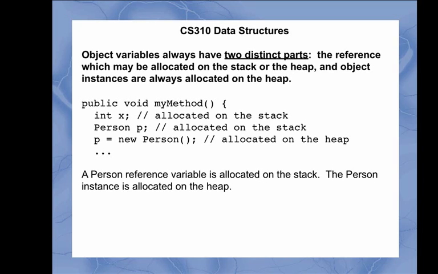So as an example, we have public void myMethod. Int x allocated on the stack. Person P also allocated on the stack. P equals new person. The actual instance is allocated on the heap. So there are two pieces to this person P.